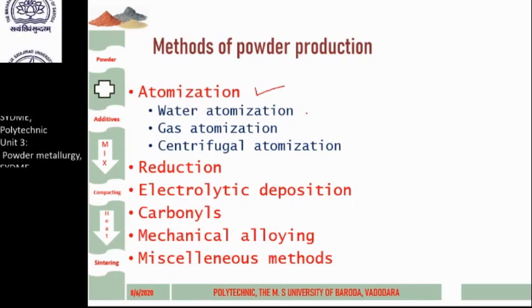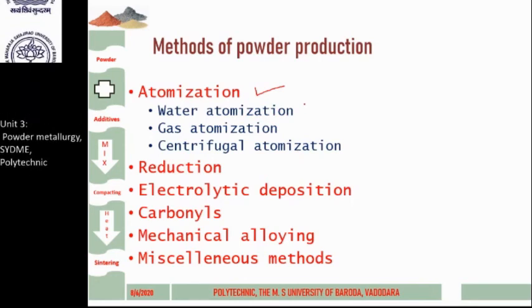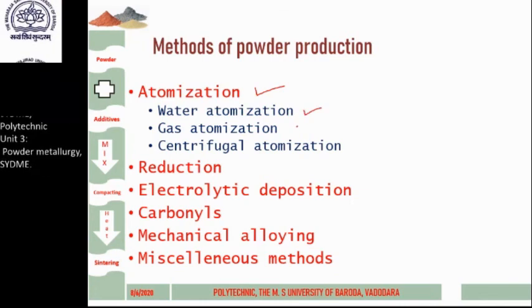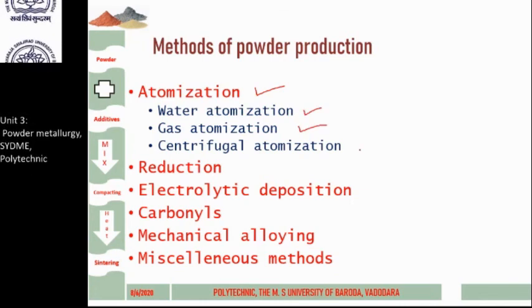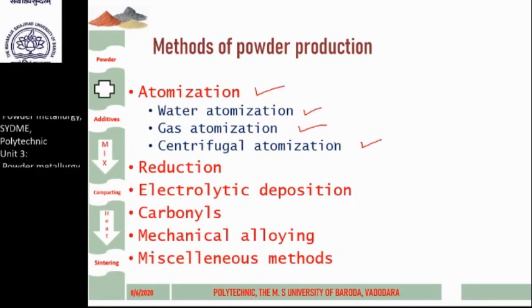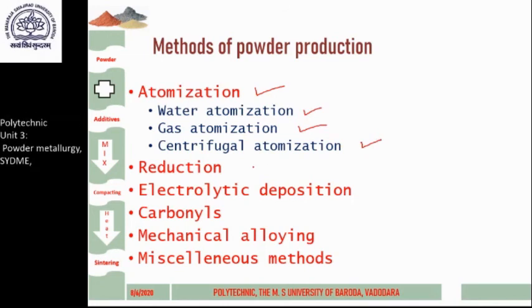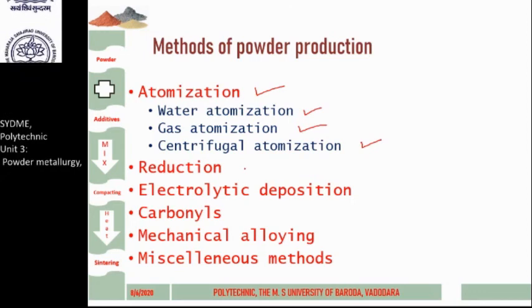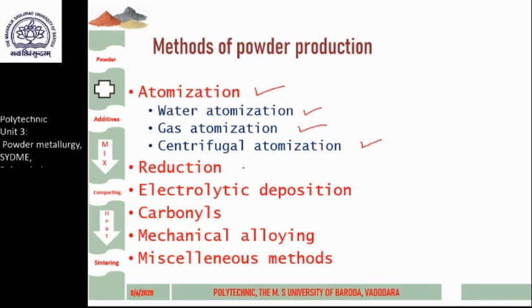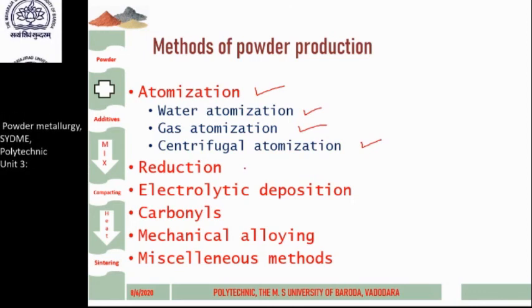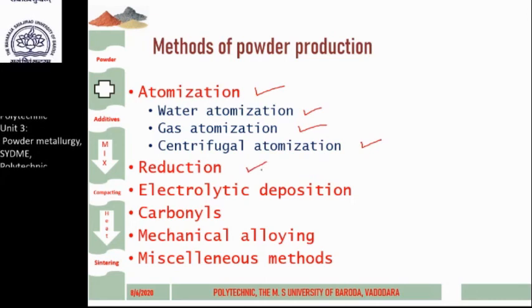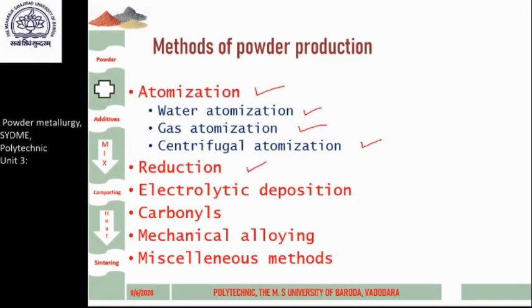This is subdivided into water atomization, gas atomization, and centrifugal atomization. Thereafter, we have a reduction process wherein metals are given a reduction cycle so that powders are formed, and they are formed in a specific very high purity form.